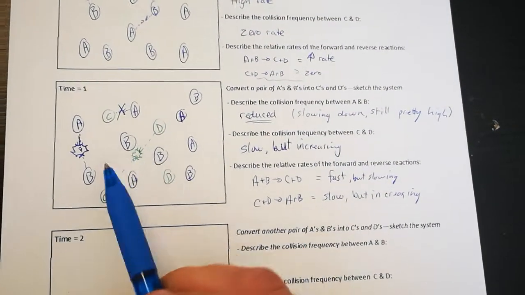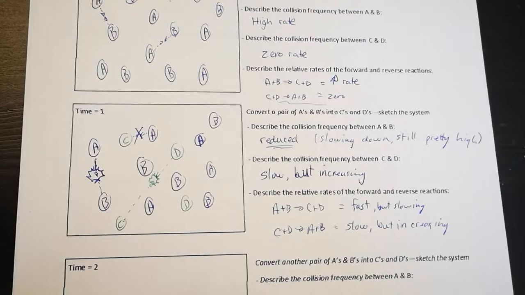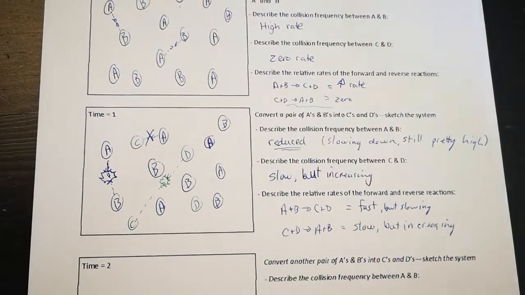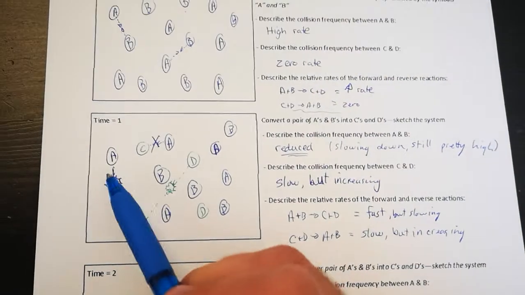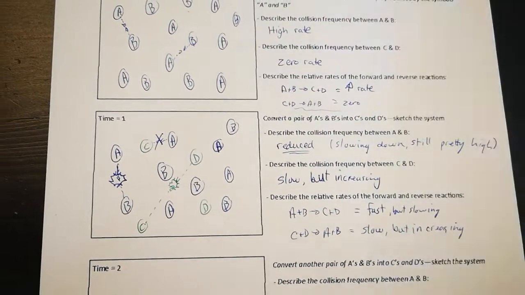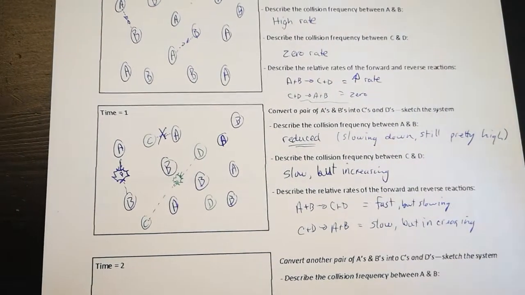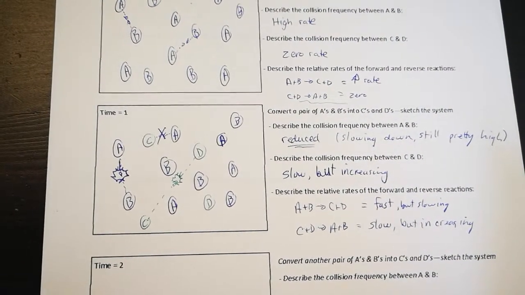Meaning that as C's and D's begin to build up in our reaction system, the collision frequency will increase and the rate will increase. As A's and B's are consumed by proceeding in the forward direction, their collision frequency is reduced as they collide less frequently with one another.